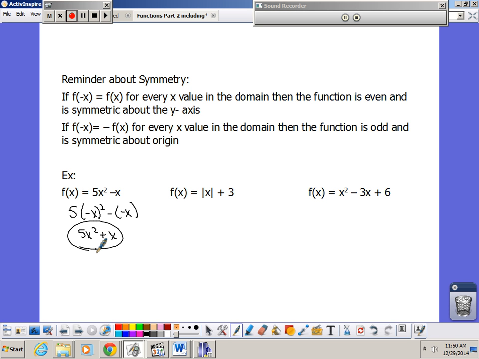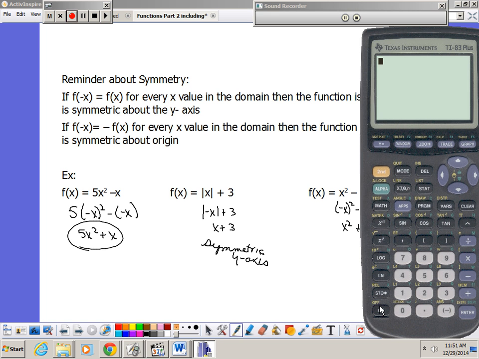So this is not symmetric to the origin or the y-axis. Negative x plus 3 becomes x plus 3, so this is the same, so it's symmetric to the y-axis. And I'll graph it in a minute for you. Negative x squared minus 3 times negative x plus 6 gives me x squared plus 3x plus 6, and this has neither.